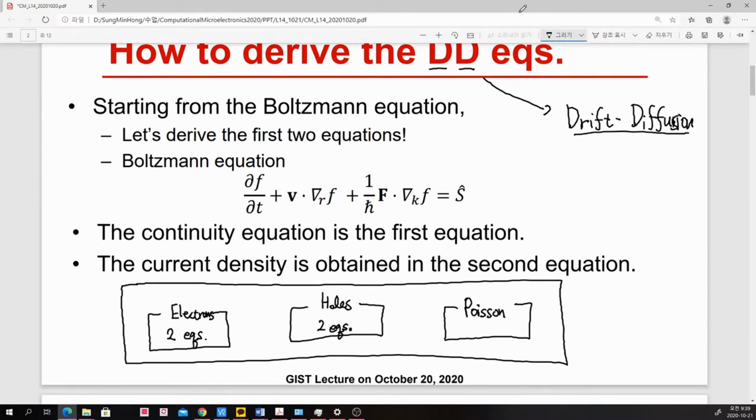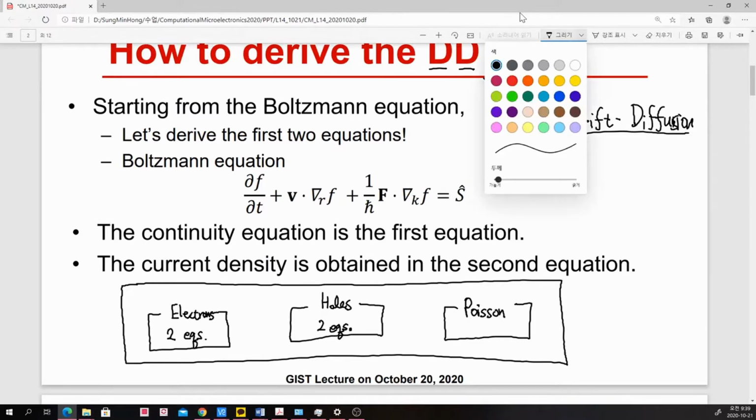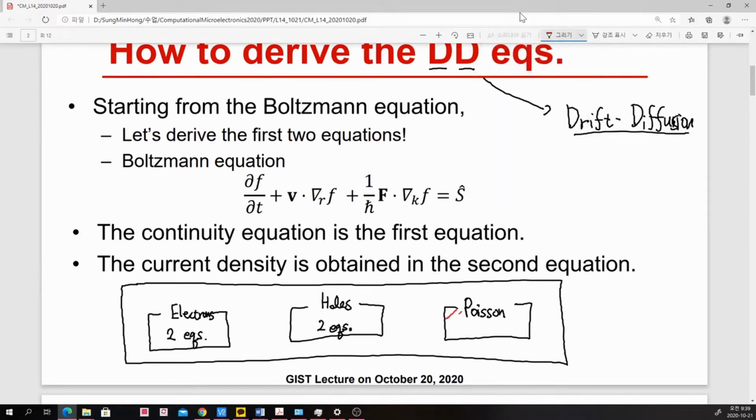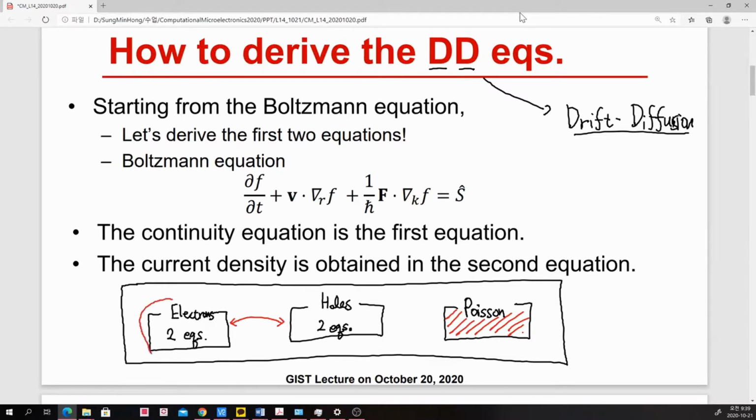However, we have good knowledge of the Poisson equation already, and structurally the electron equations and hole equations are quite similar, almost identical. So in this course, I will just show you the derivation for electrons.